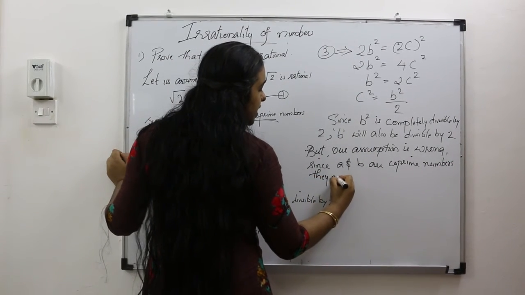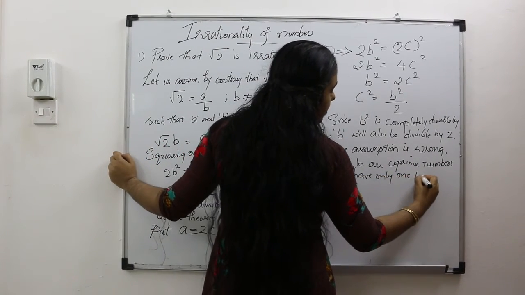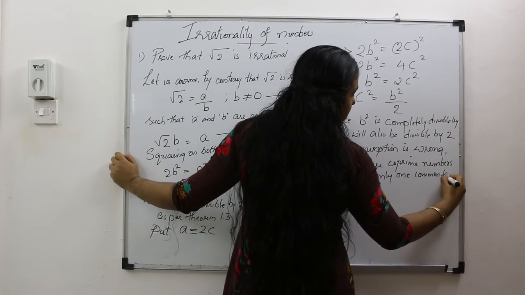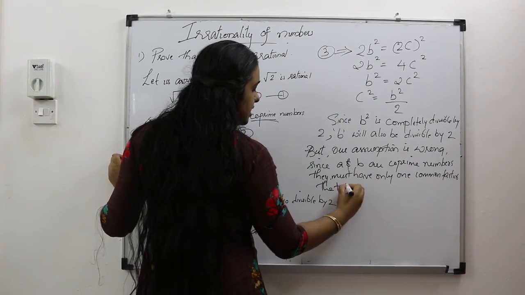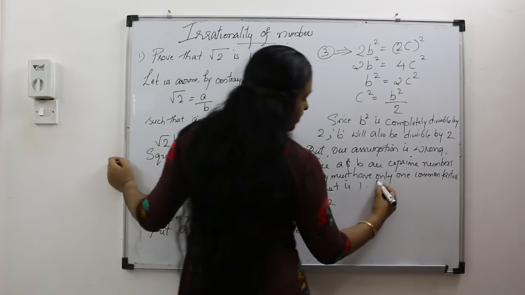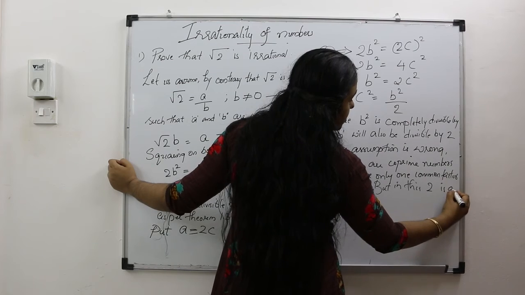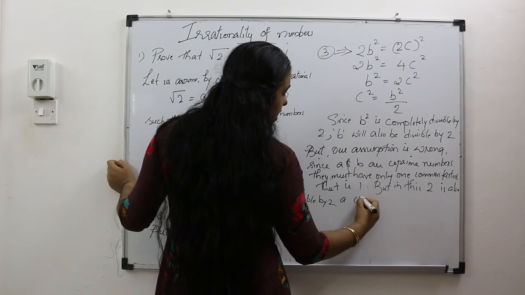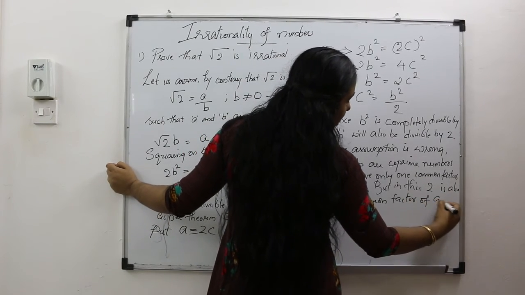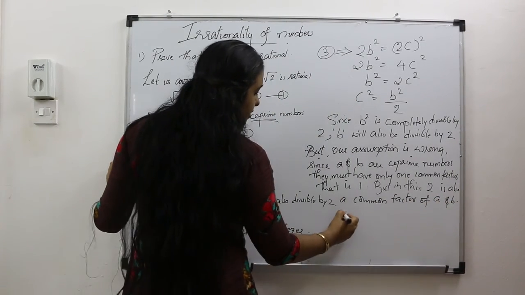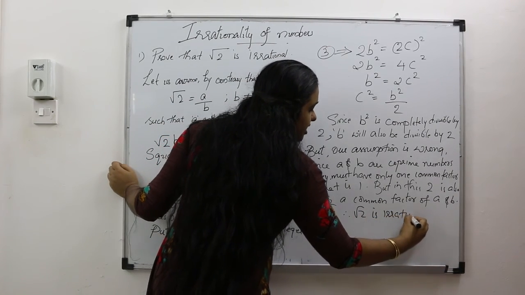They must have only one common factor, that is 1. But in this, 2 is also a common factor of a and b. Therefore, root 2 is irrational.